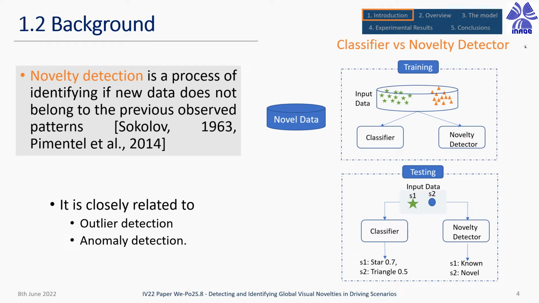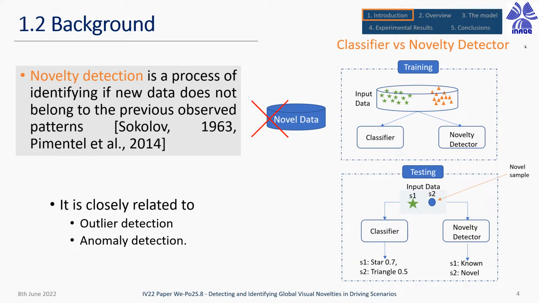As a brief background, novelty detection is a process of identifying if new data does not belong to the previously observed patterns. So, in this context, novel data is not available. On the right side, we can see the general training and testing phases for both classifier and novelty detector. While the classifier has training data for all the classes, novel data for the novelty detector is not available.